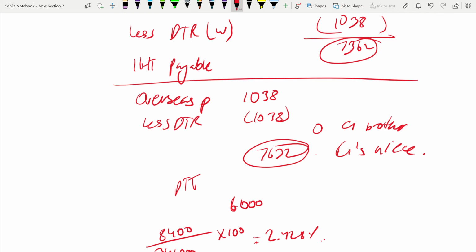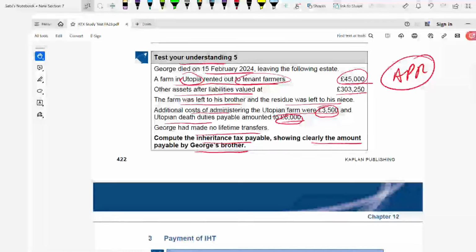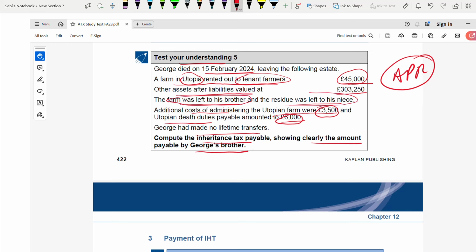You can also get this amount like this. This is for other net assets. Okay. See here they have clearly mentioned the farm was left to his brother, and the residue was left to his niece. Residue means other assets.